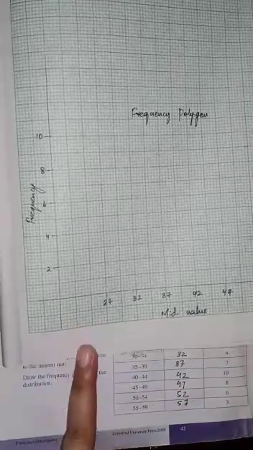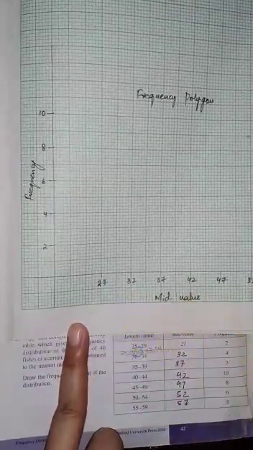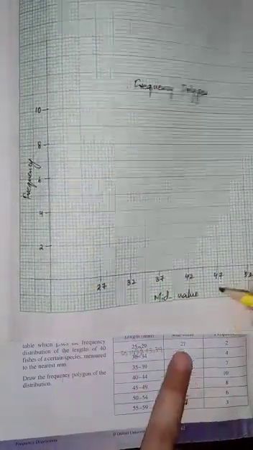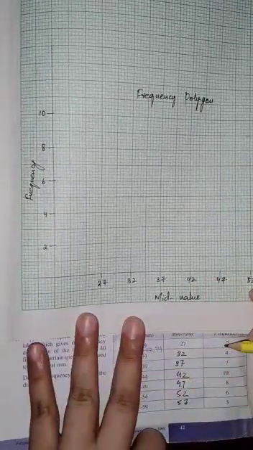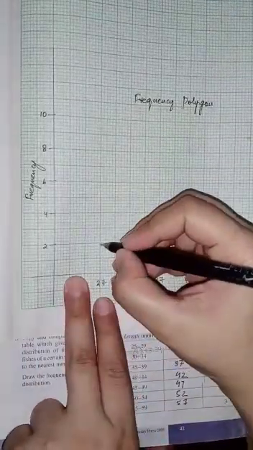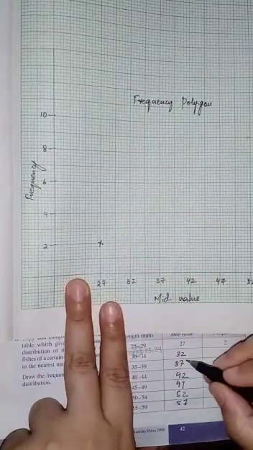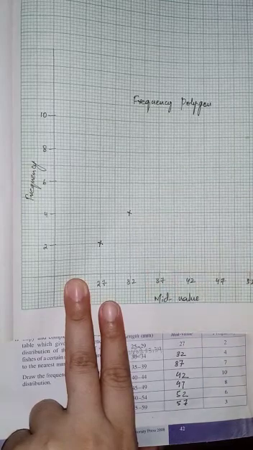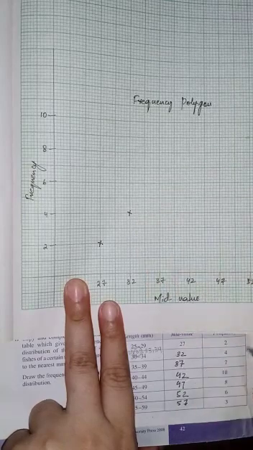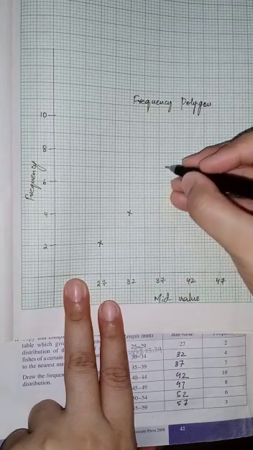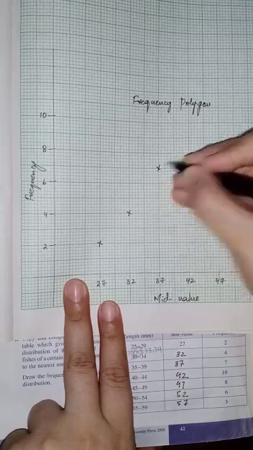Now I have taken all the mid values on the x-axis and frequencies on the y-axis. Let's see. On 27, the frequency is 2. Then on 32, the frequency is 4. Then on 37, the frequency is 7.